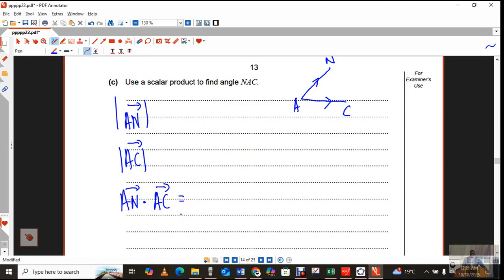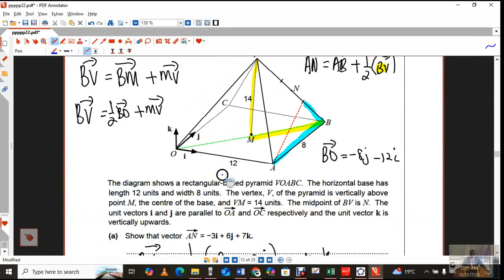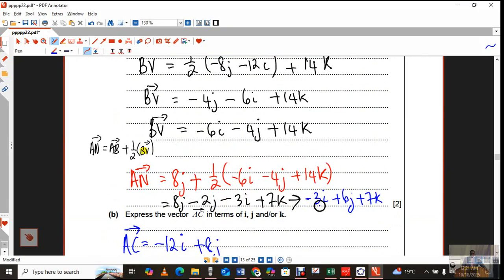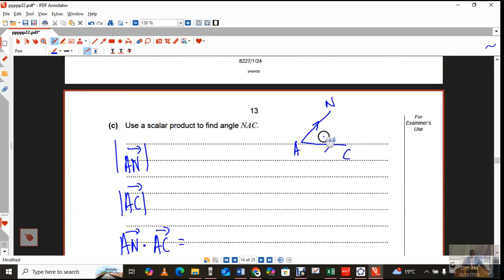Right, so what is AN? If you look at AN from what we have over here, AN was minus 3i plus 6j plus 7k.